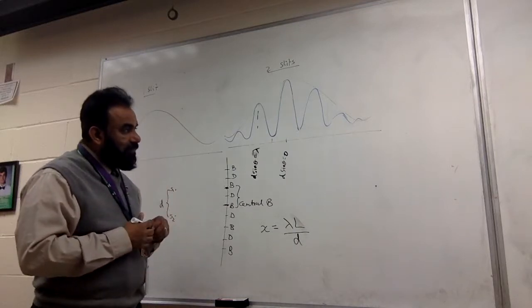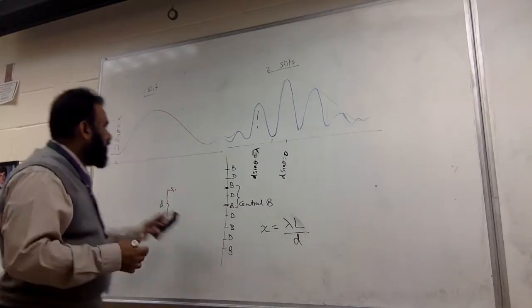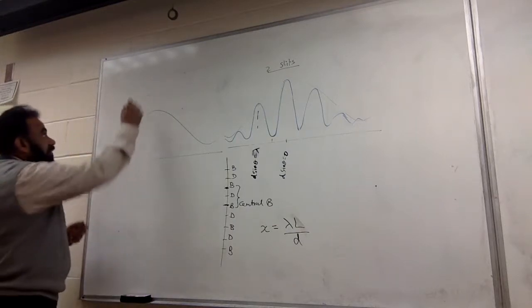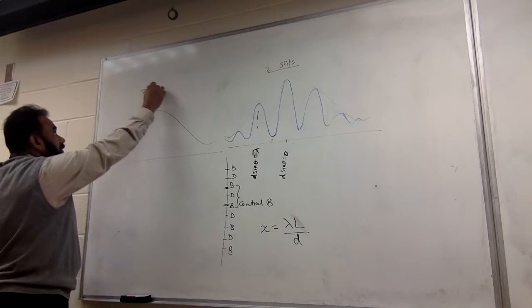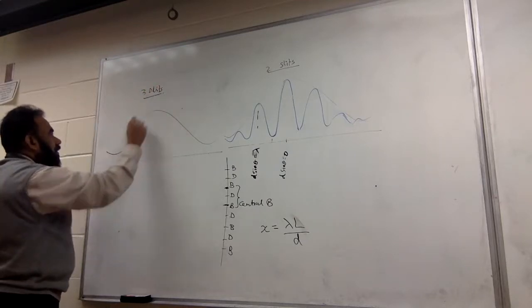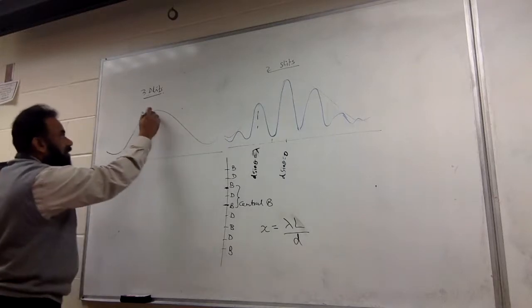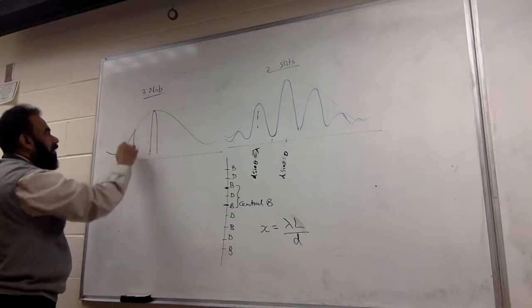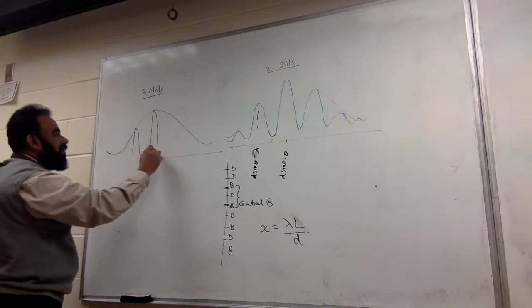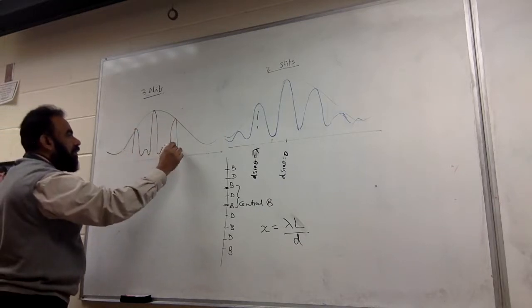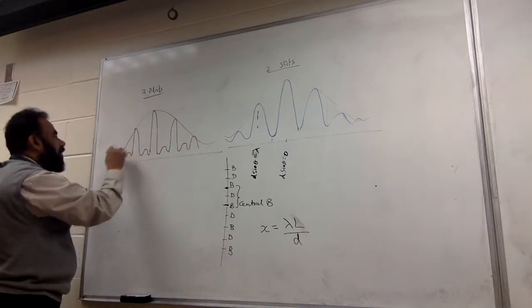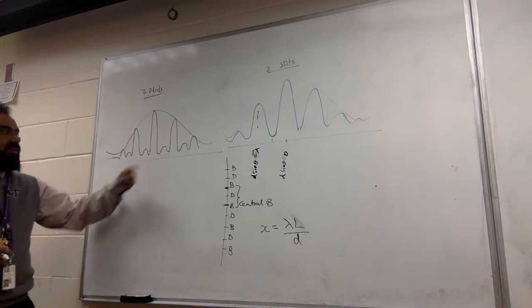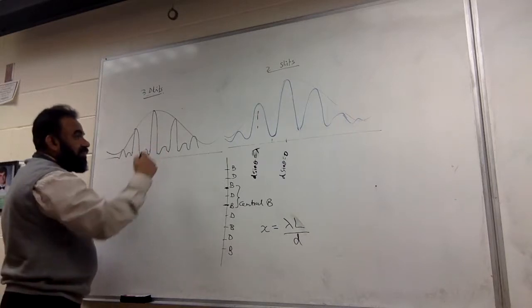What happens as we increase the number of slits? When we make it 3 slits, you have the interference peaks exactly in the same place, but you will see an extra peak coming in between, and they are called the secondary interference peaks.